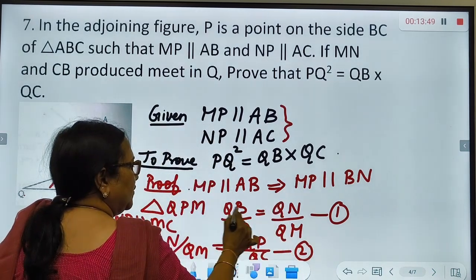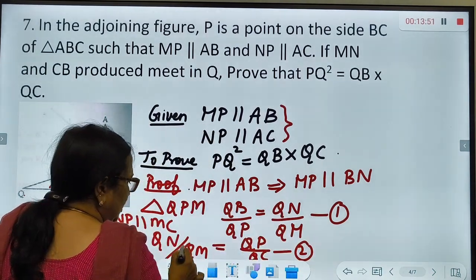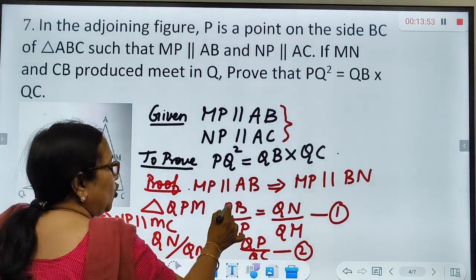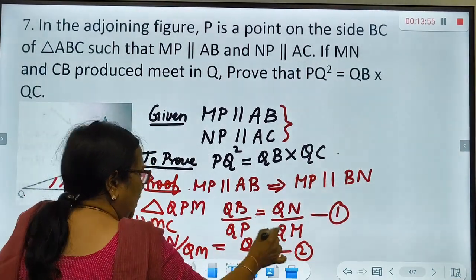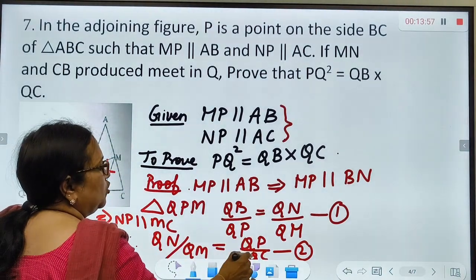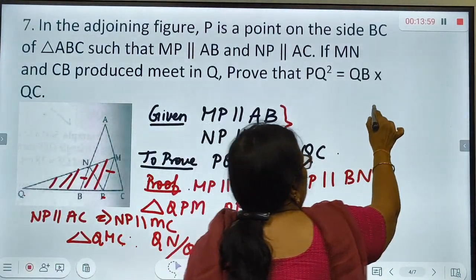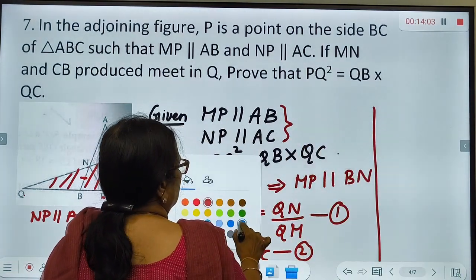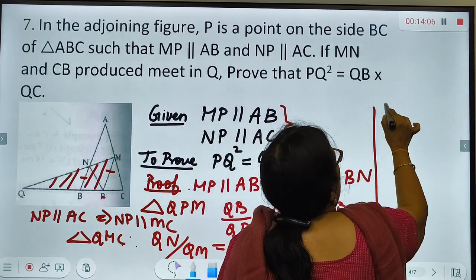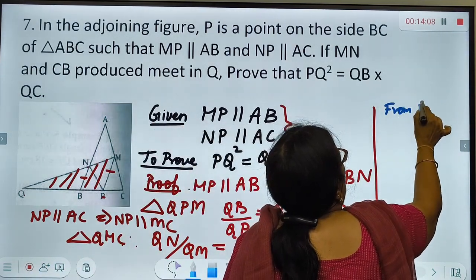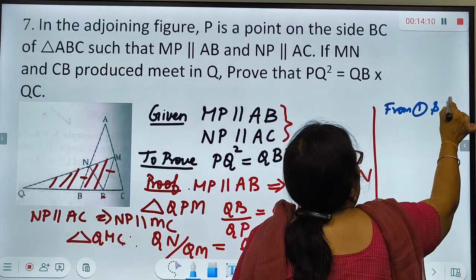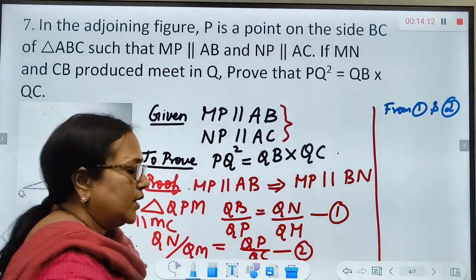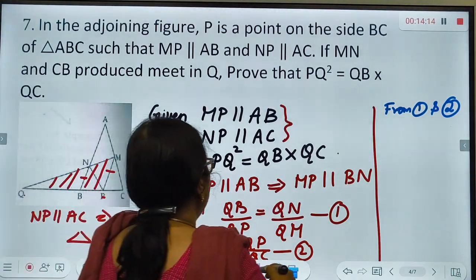Now, here also I have QN by QM. So, QB by QP is equal to QN by QM. But QN by QM is equal to QP by QC. Therefore, from 1 and 2, what do we get?